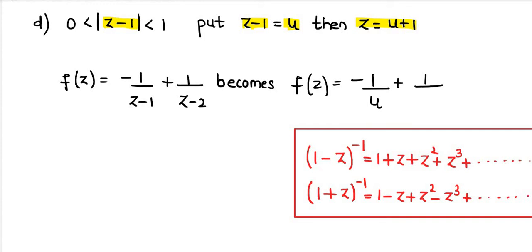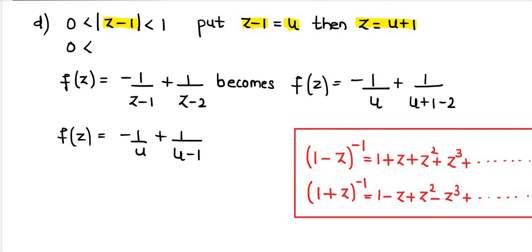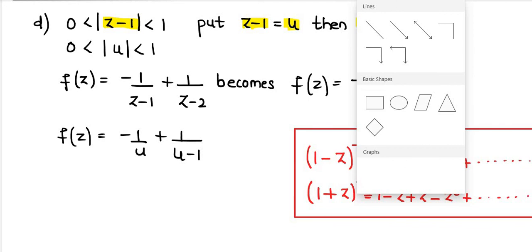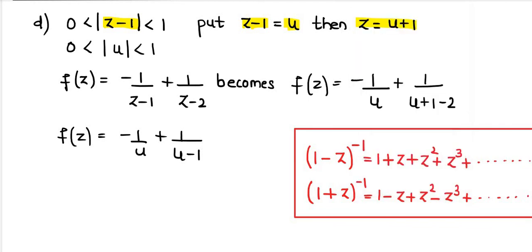What is our z? Z is u plus 1, so u plus 1 minus 2. So we have converted our function also in terms of u, minus 1 by u plus 1 by u minus 1. Now let us change our inequality. Our inequality is 0 less than mod z minus 1, which is u, so mod u less than 1. Thus we have converted our function also in terms of u, and we have also changed the inequality in terms of u.